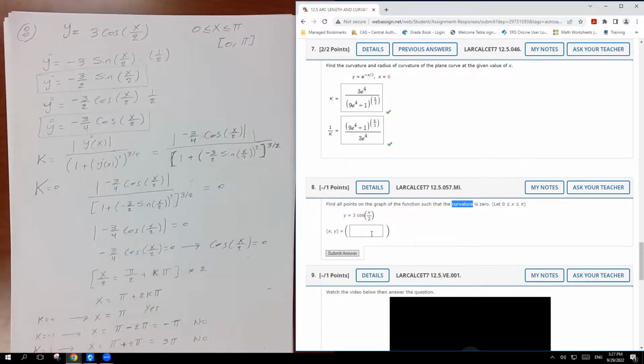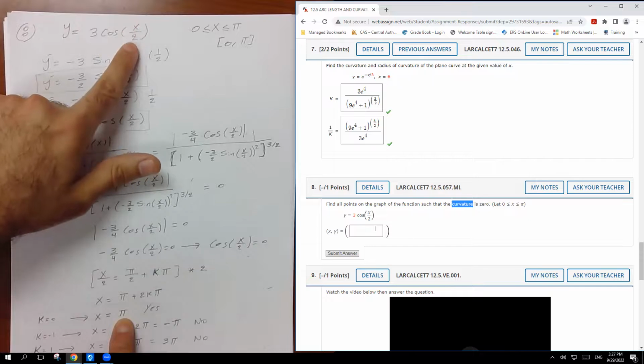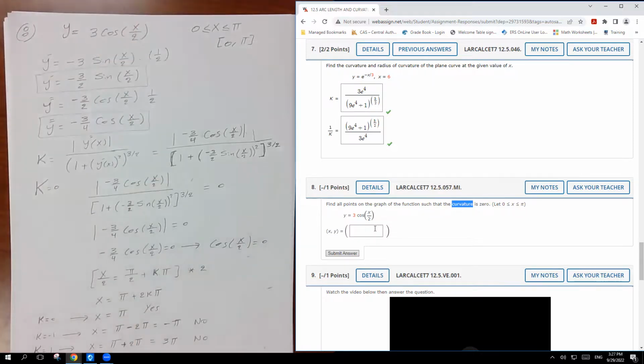So we're going to write it down as a point when x equals pi. Then how much is y? We plug in x equals pi, because we need to write down the point.